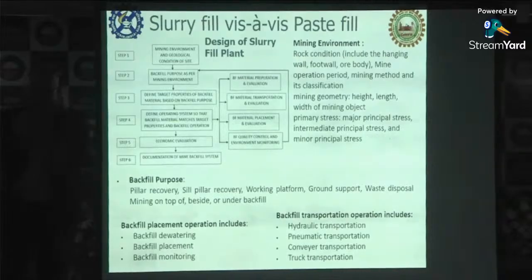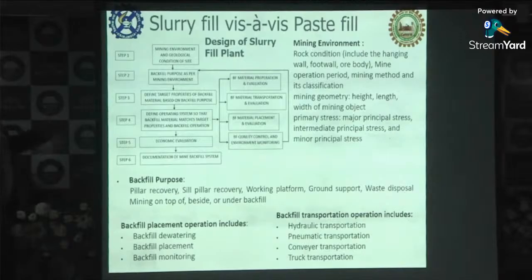What are the variables? The pulp density, the solid concentration, the velocity, and all that. It has to be synchronized in such a way that we get a mix which favors our fill plant.